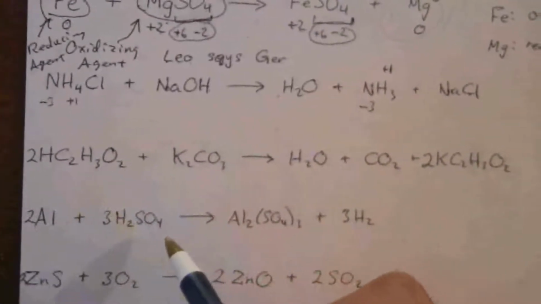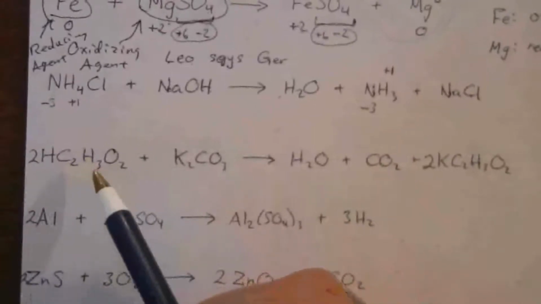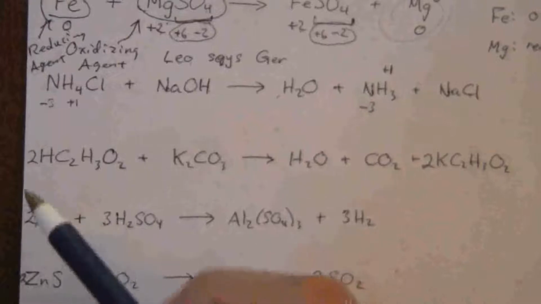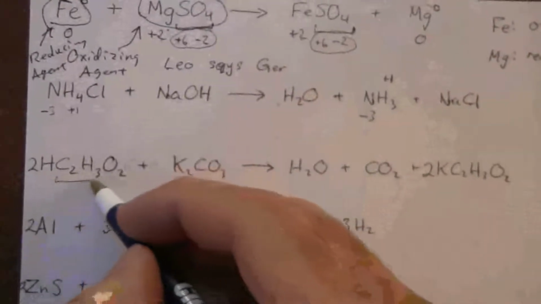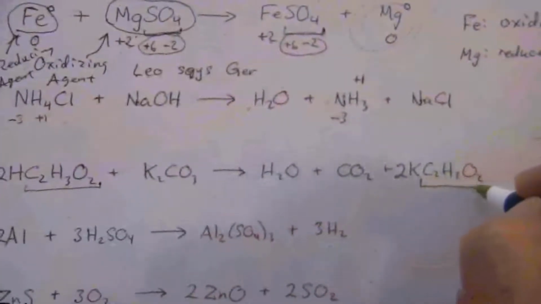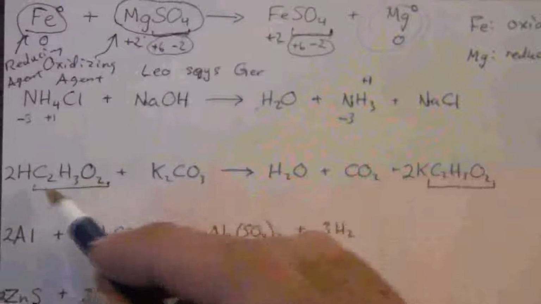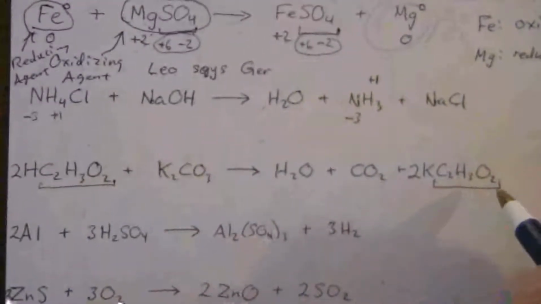Now, again, we don't have to go through and figure out what's carbon, what's hydrogen, what's oxygen. I don't need to do that because I see this is C2H3O2. Whatever oxidation numbers they are over here, I'm going to have those same oxidation numbers over there.